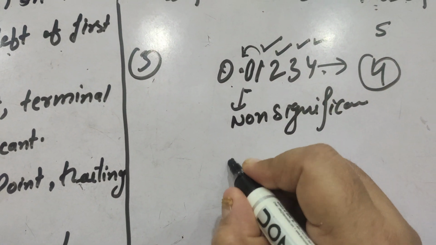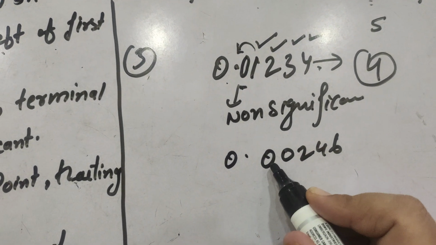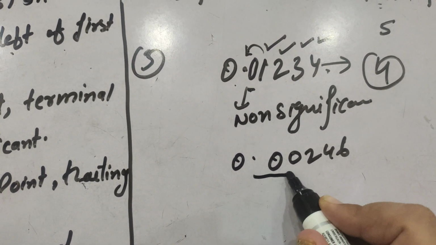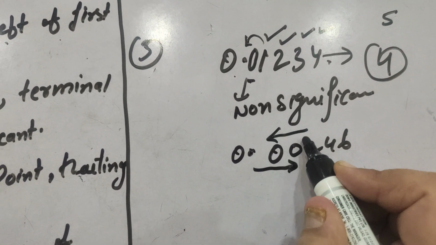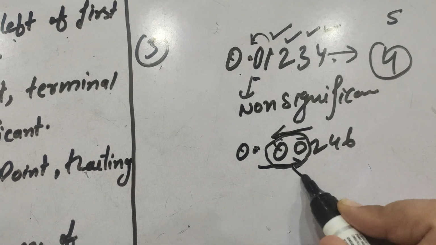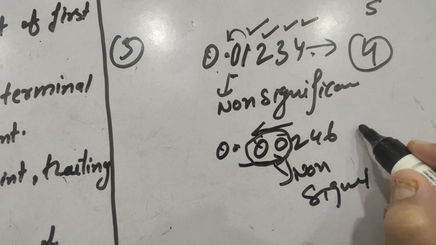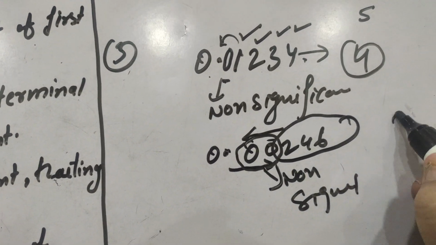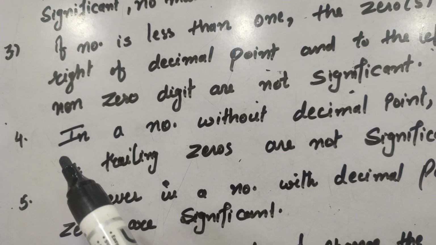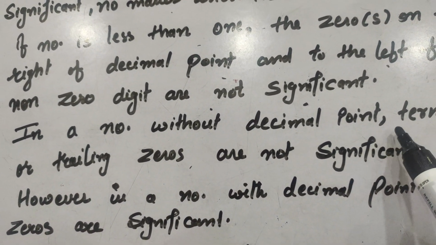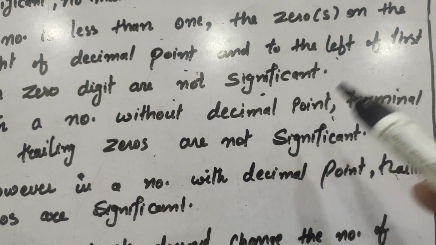Again, if I take the example 0.00246, in this case again the zeros to the right of the decimal point and to the left of the non-zero digit, these two zeros are not significant. So the total number of significant figures is 3 only. Next, the fourth rule: in a number without a decimal point, terminal or trailing zeros are not significant.